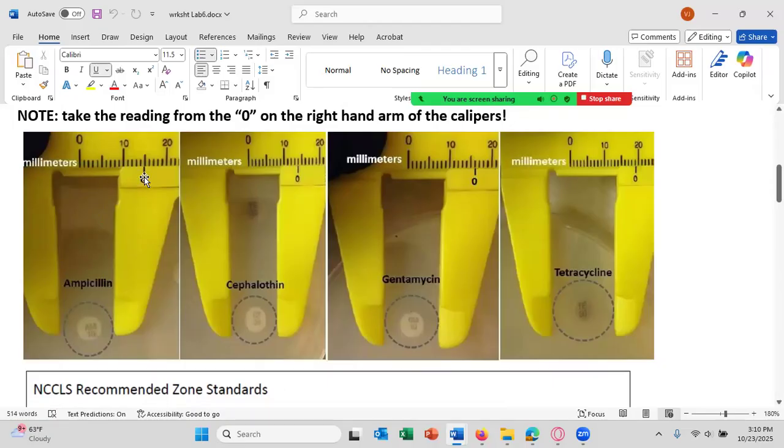Or maybe a tiny bit less than 15 millimeters. And this one here will be measured from here to there, which is going to be 0 to 0. So this one would be 14 millimeters. Any question on that?